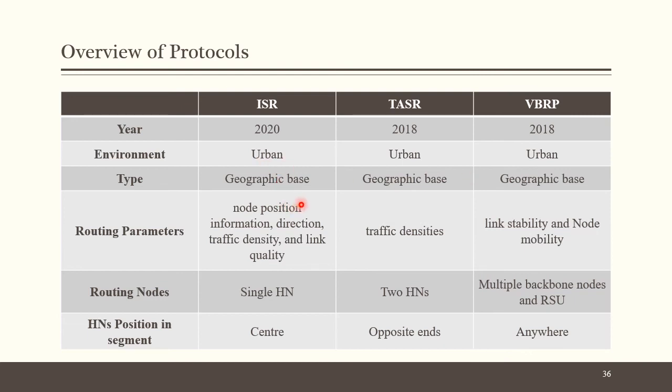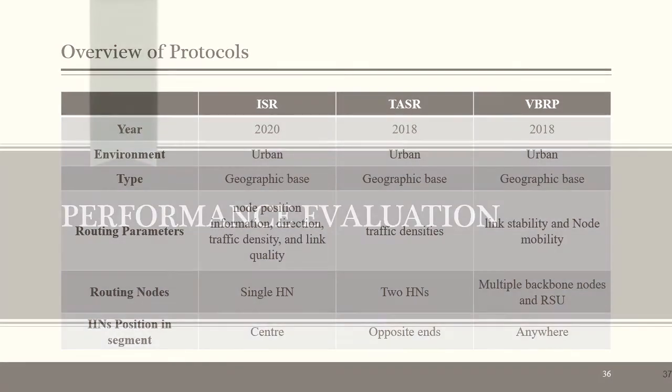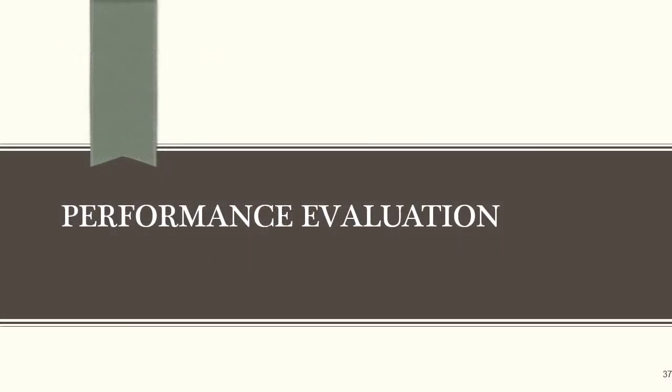ISR uses node position, direction, traffic density, and link quality, while TSR uses only traffic density, while VBRP uses link stability and node mobility for routing and the selection of the head node. In ISR, only a single head node is present at the center, while in TSR, two head nodes are present at the opposite ends of a segment, while in VBRP, multiple backbone nodes and RSUs can be present anywhere within a segment. And now we will see the performance of all the protocols we have studied.